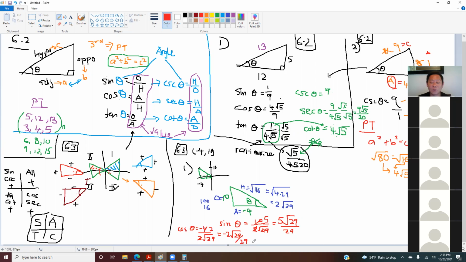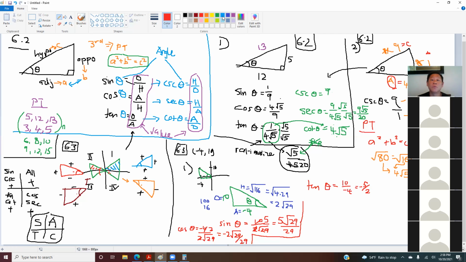How about tangent theta? Anyone? 10 over -4. This is opposite over adjacent, reduce this to become what? -5 over 2. So this is how you find your sine, cosine, tangent.